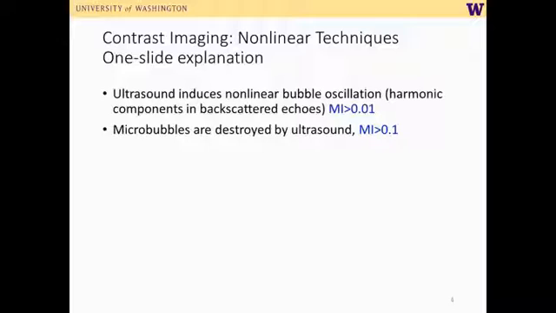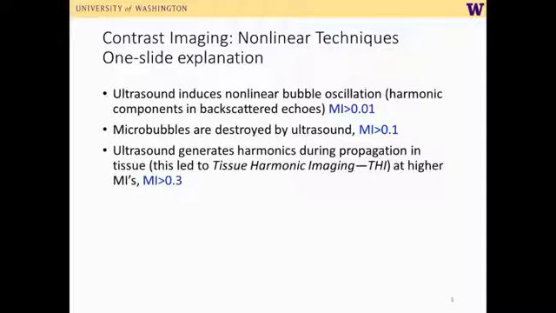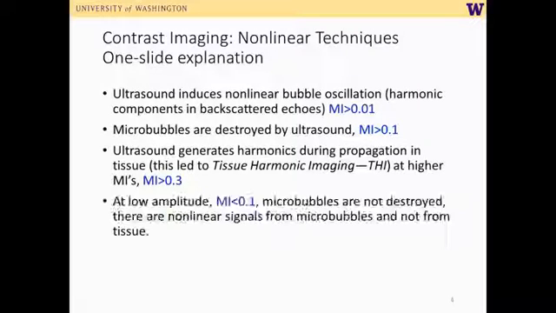The microbubbles also may be destroyed by ultrasound at a mechanical index, MI, greater than 0.1. Also, ultrasound generates harmonics during propagation in tissue. This is what's being utilized to form tissue harmonic images. However, this happens at a mechanical index greater than 0.3.